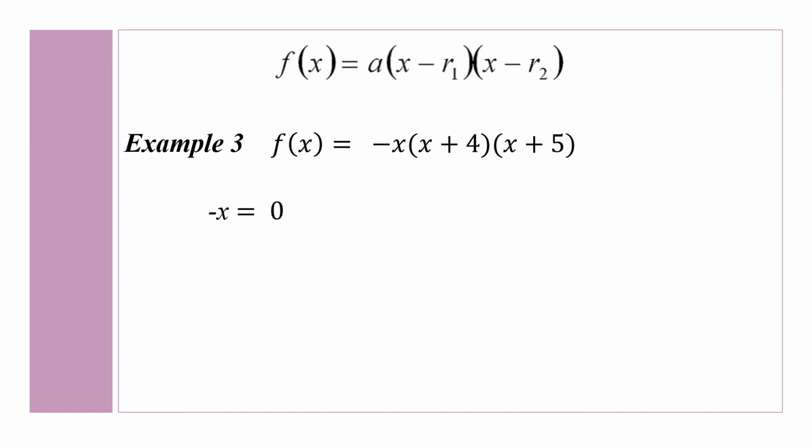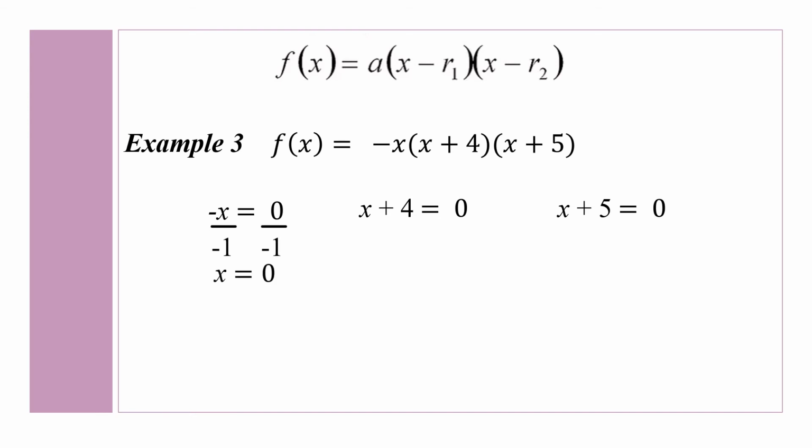In this equation, now notice that we have 3 quantities. One of the equations is the opposite of x is equal to 0. And the other 2 equations are x plus 4 equals 0 and x plus 5 equals 0. So you want to first solve the first one by getting rid of that negative in front of the x, so divide both sides by negative 1.